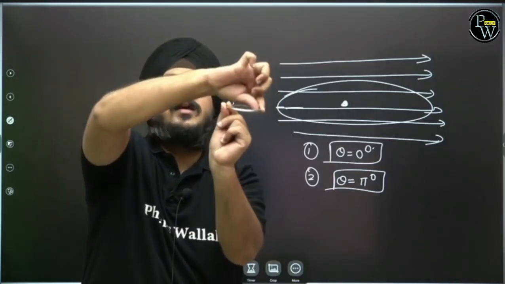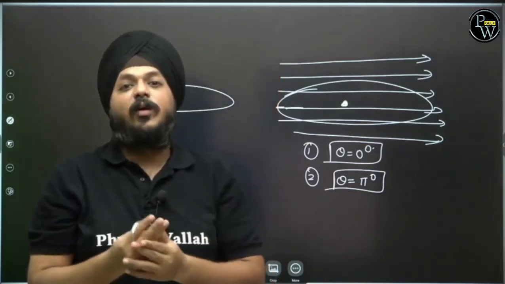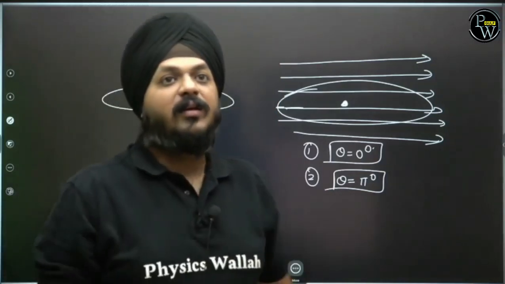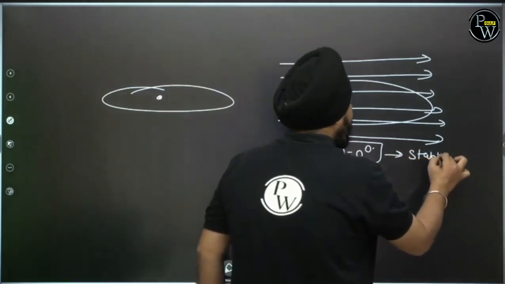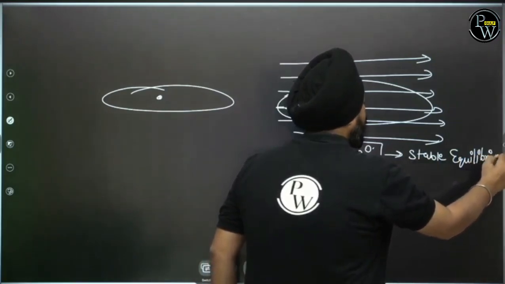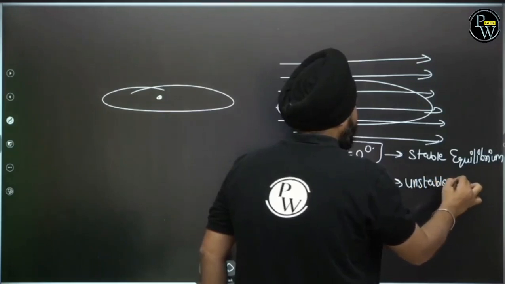Previously it was like this, kept in an external magnetic field, now it is rotated by 180 degrees. These are the only two positions where equilibriums are obtained. At theta equal to 0, we have the stable equilibrium, right? At theta equal to pi, we have unstable equilibrium.